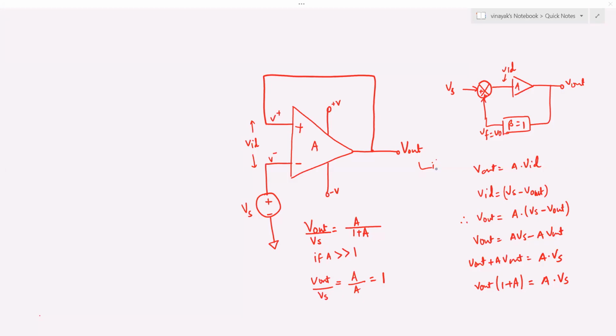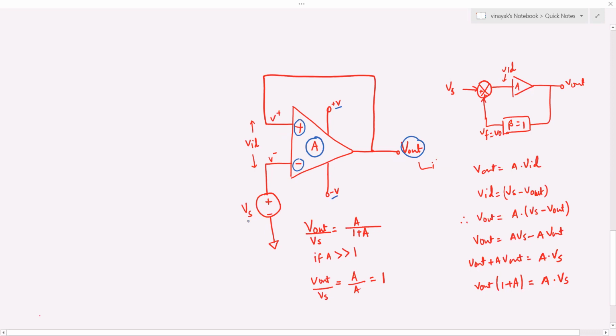Okay, so here we see an amplifier with a gain A, and it has a positive supply pin and a negative supply pin. It has two inputs, positive input and the negative input, and it has an output.